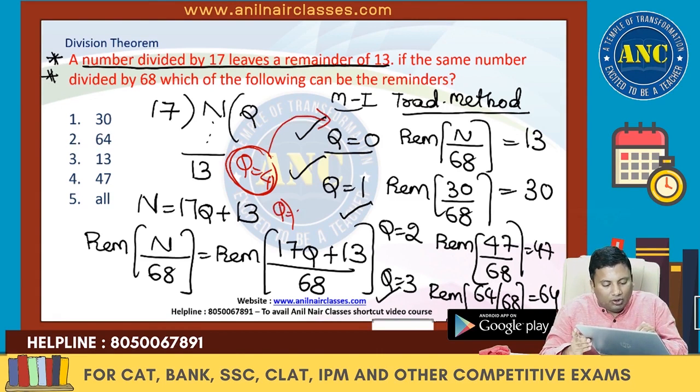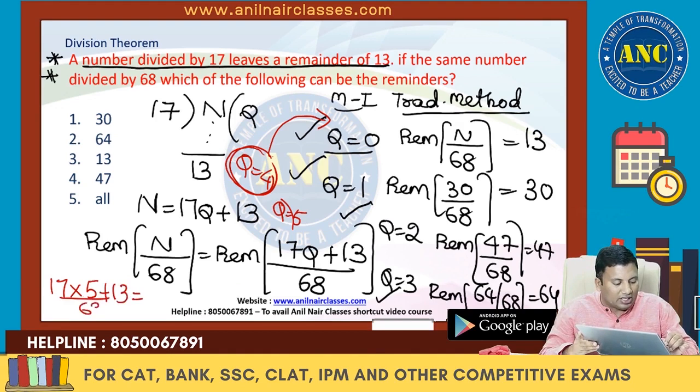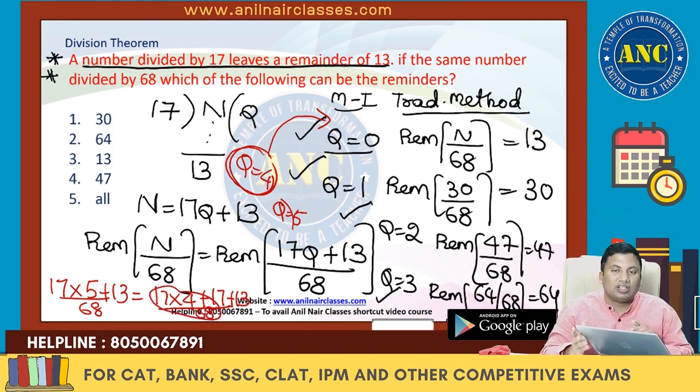If I put Q value 5, it is 17 into 5 plus 13 divided by 68, which is 17 into 4 plus 17 plus 13 divided by 68. 68 divided by 68 is 0, and 17 plus 13 is the Q value 1 answer we got.